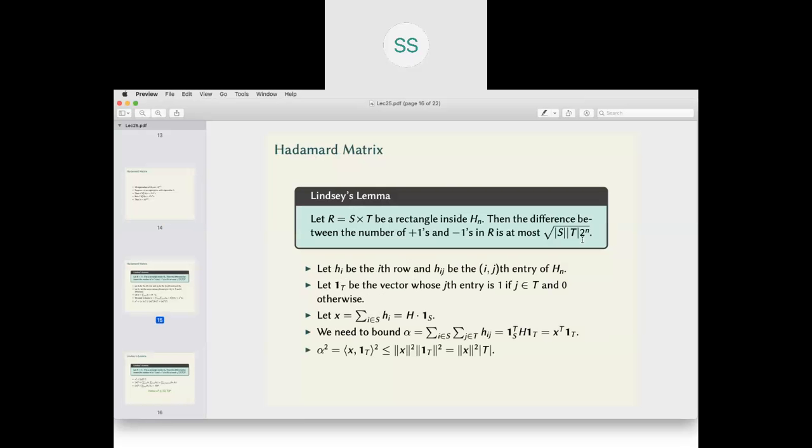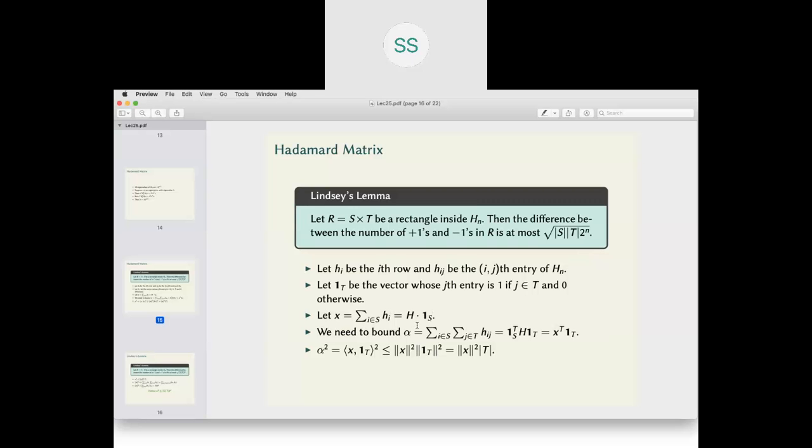Again, just to recap, Hi is the ith row, alpha is the summation of all the entries in the matrix S cross T, which we write as X transpose 1T, where X is the summation over all the rows of S, which can be written like this.